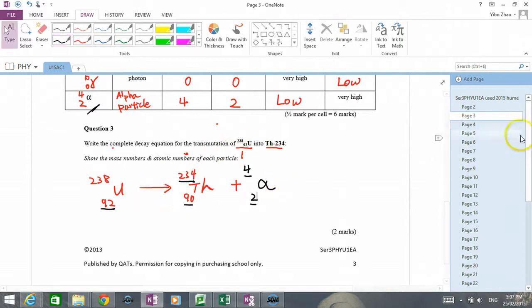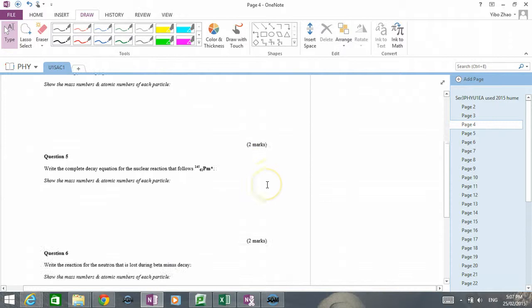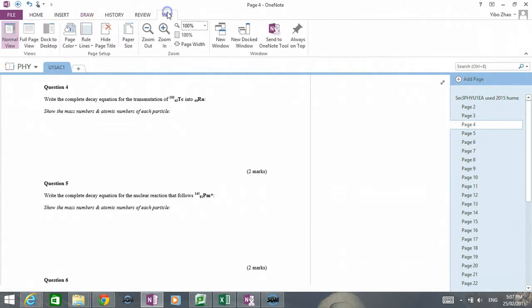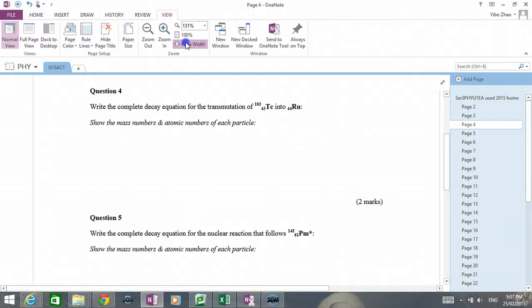Now let's move to question 4. In question 4, we do the same thing. I have this equation.